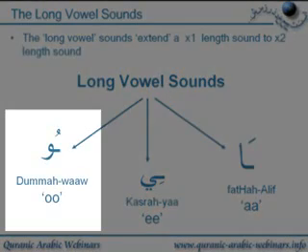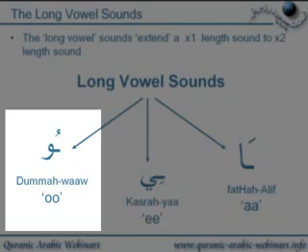And the third one is known as dummah waaw. So if you have any letter with a dummah followed by a waaw, which again does not have its own sound, it will either have a sukoon or it will have no sukoon at all, i.e. no other sign on it, depending on the script you're looking at.